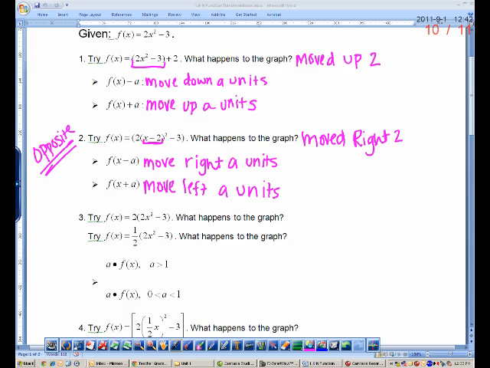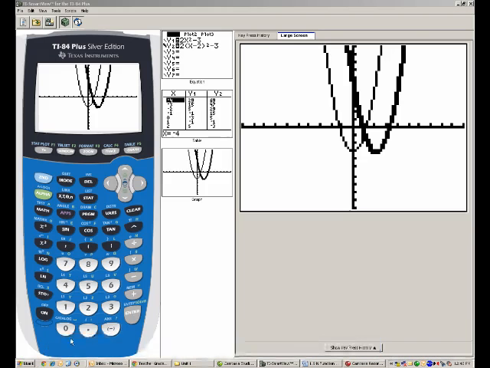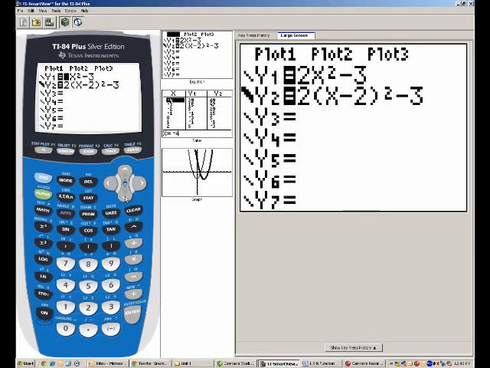In our first one, we're going to take our whole function and we're going to multiply it by 2. We're taking our whole function and we're multiplying it by 2. It's 2 times 2x squared minus 3.